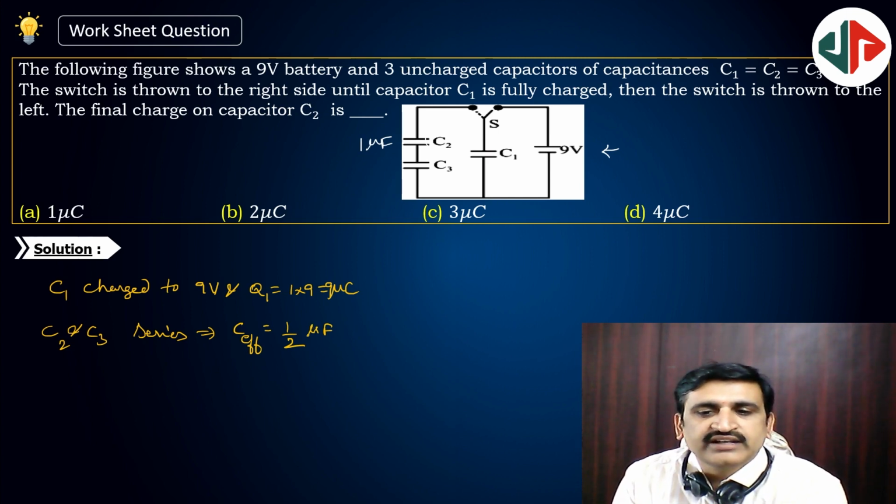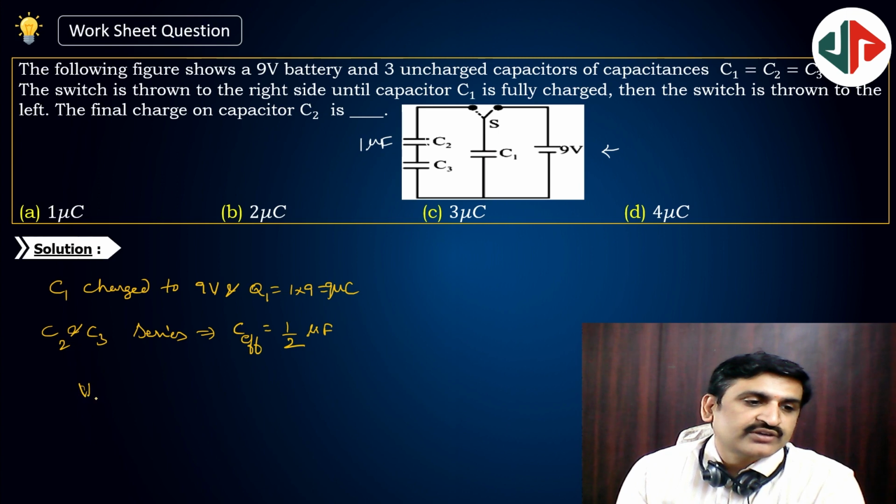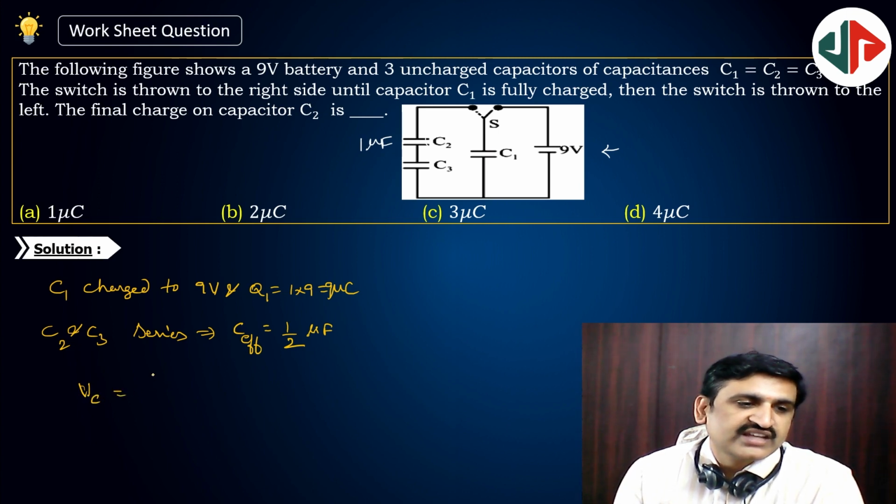So the common potential is equal to C1 V1, that is 9 microcoulombs plus 0 microcoulombs by C1 plus C2, that is 1 plus 1 by 2, so it will be 3 by 2.